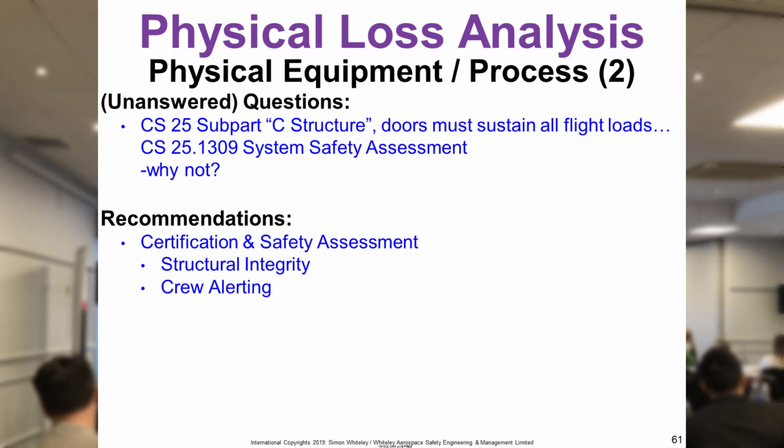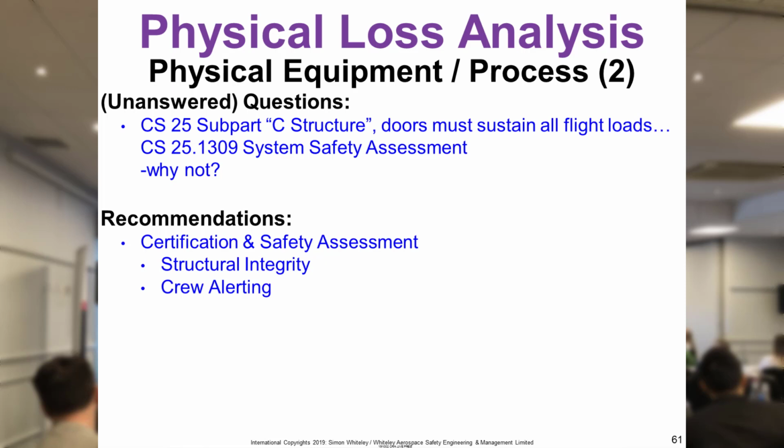Now there are some unanswered questions, and these are not answered in the investigation report for whatever reason, but it's about the certification, the engineering requirements that are required by the regulator. So in aerospace we have these things called certification specifications, CS, and 25 is related to the large aircraft. Now these particular doors, as required by this regulation, should be able to sustain flight loads. Clearly they didn't because they came off.